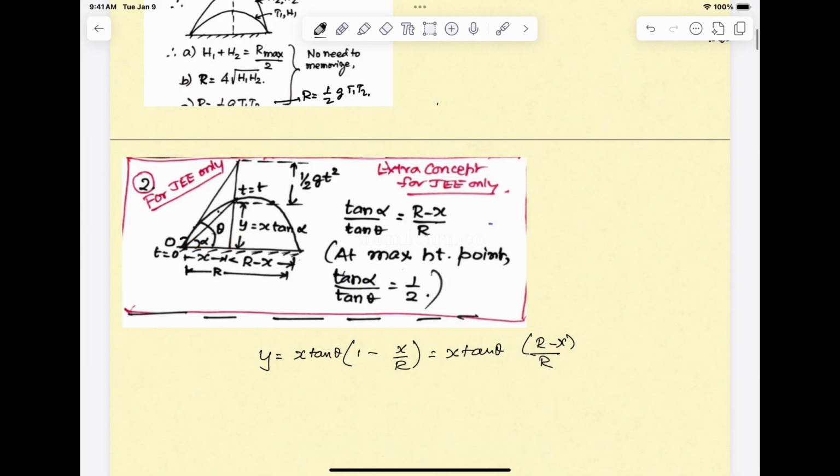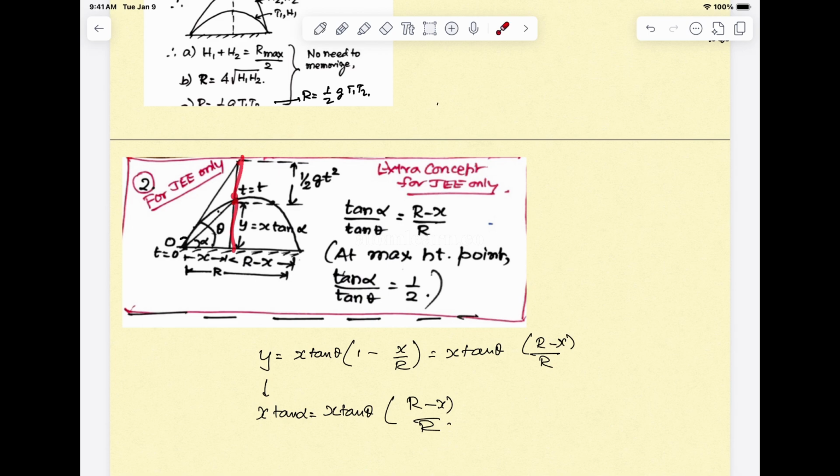Let me write it like this: y equal to x tan alpha is given by x tan theta into r minus x by r. Therefore we have the relation here like this.